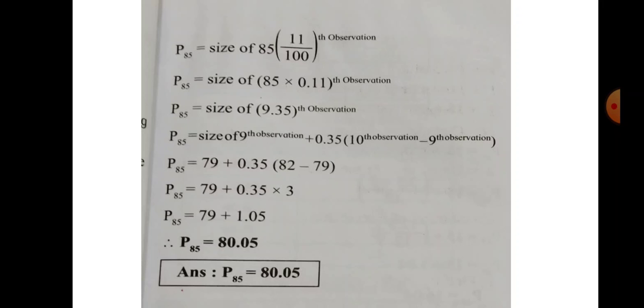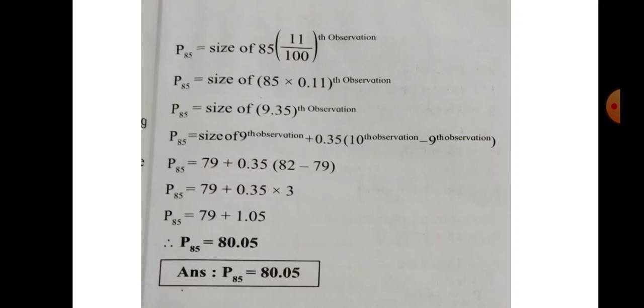Now in the next step, P85 is equal to the size of the 9th observation, that is 79, plus 0.35 into bracket 10th observation, that is 82, minus 9th observation, that is 79, bracket close. In the next step, P85 is equal to 79 plus 0.35 into 3.